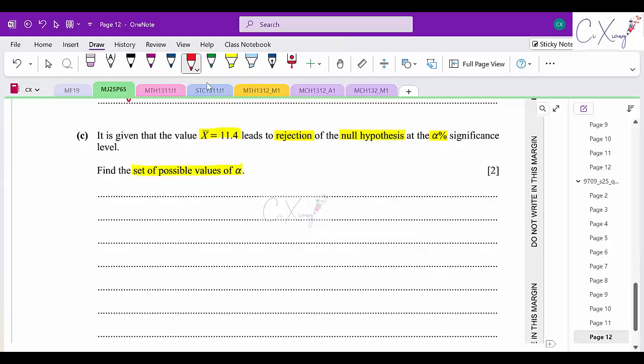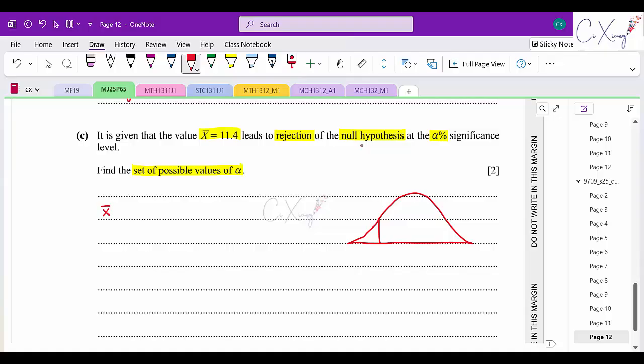To find the alpha, we need to use the diagram again. Okay, so now they said it is given that x equals 11.4 leads to the rejection of the null hypothesis.